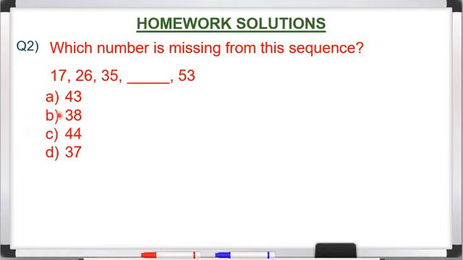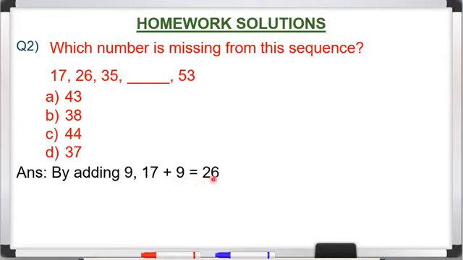Okay, so here beta, first of all you have to find the difference between the first 2 given numbers. The difference between the first 2 given numbers is 9. 26 minus 17 equal to 9. Okay, now we have found the difference, that is 9. So we will add 9 to the given number 17. 17 plus 9 equal to 26.